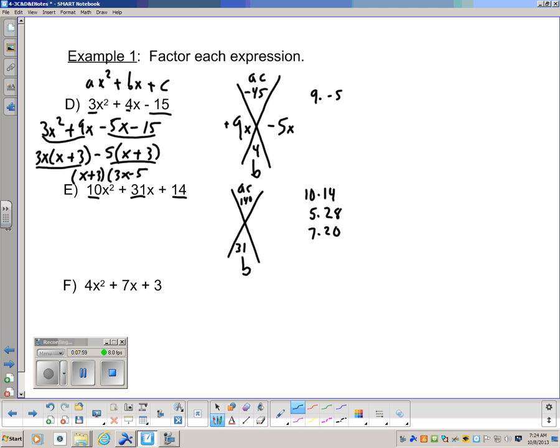I get 35 and 4, but they're both positive, so that's not going to work either. Let's try 2, because I can see 2 goes in there. 140 divided by 2 is 70, so that doesn't work either. I'm going to try 140 divided by 3. Nope, too much.